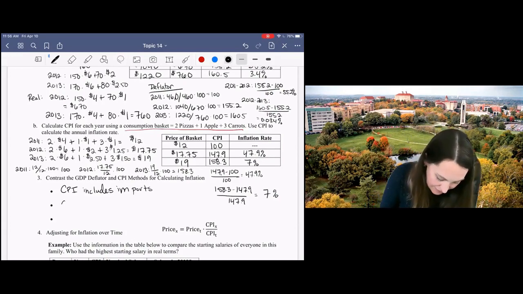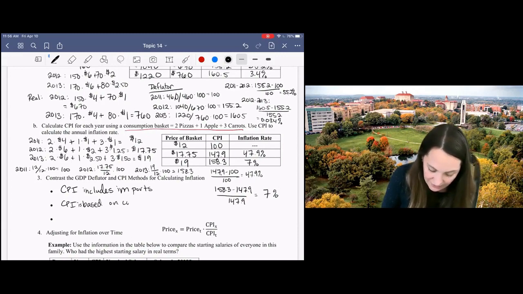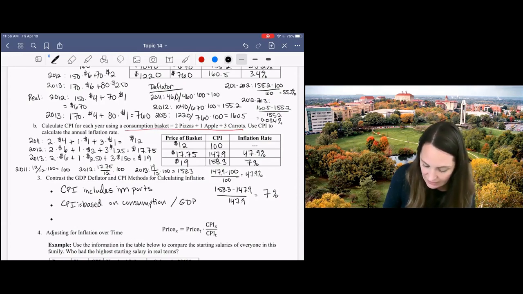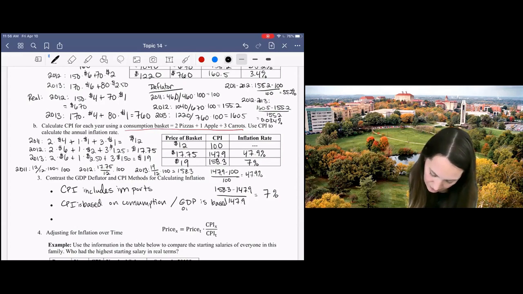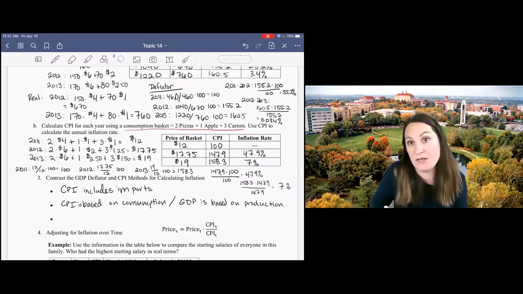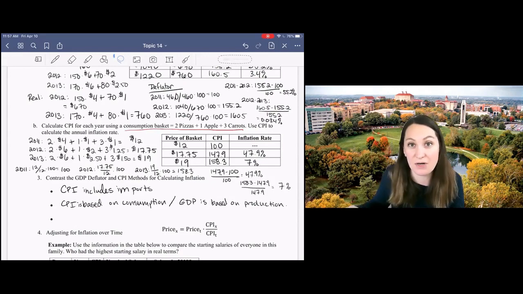So CPI is based on what's being consumed, whereas GDP is based on what's being produced. And this is really just a question of what is it you are trying to measure? Are you trying to measure prices for consumers? Are you trying to measure the price of everything we're producing?